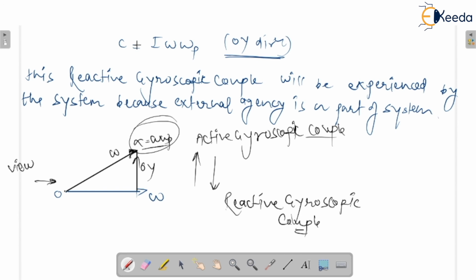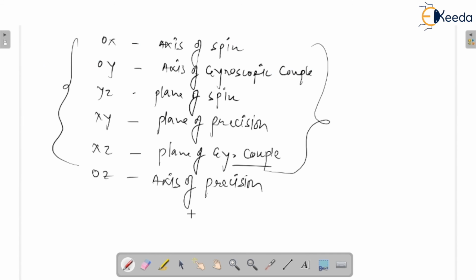So this is the gyroscopic couple formula, and the direction is decided by this concept. We will solve questions where you can see how to decide the direction of the gyroscopic couple or the reactive gyroscopic couple, and we will find out the magnitude also.